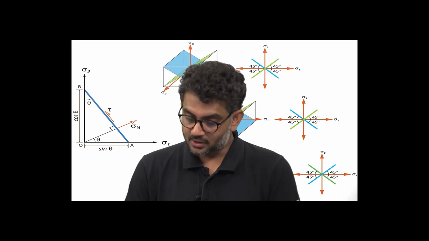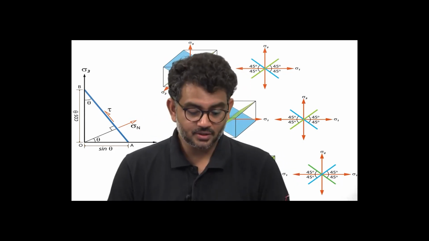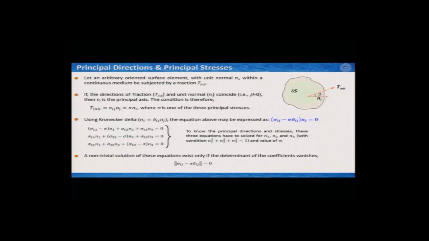So, let us start with the considerations in this slide. We can consider in a very similar way this same arbitrary element, which is delta S, which has a surface area and a unit normal Ni, that means N1, N2, N3 in 3 different directions, and this is the traction you are working with, and the traction makes an angle beta with the normal.